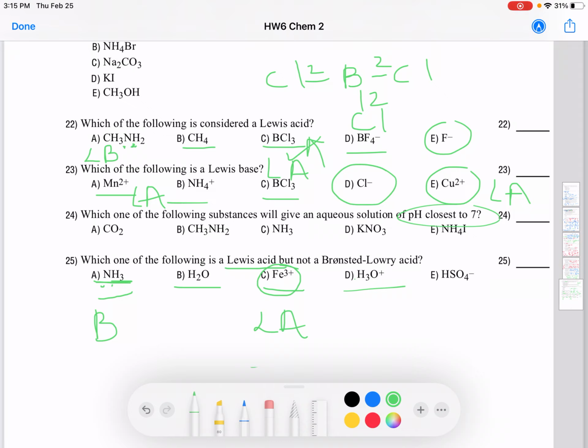Hydronium ion is a Bronsted-Lowry acid because it can donate a proton. What about hydrogen sulfate? It's not a Lewis acid, it's a Bronsted-Lowry acid because hydrogen can be lost to give you a sulfate ion, right? So it is an acid, but a Bronsted-Lowry acid, not a Lewis acid. So the Lewis acid is Fe3 plus.